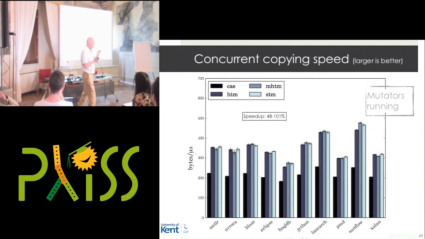So every mutator's view is consistent, because these transactions either happen instantaneously or they haven't happened.